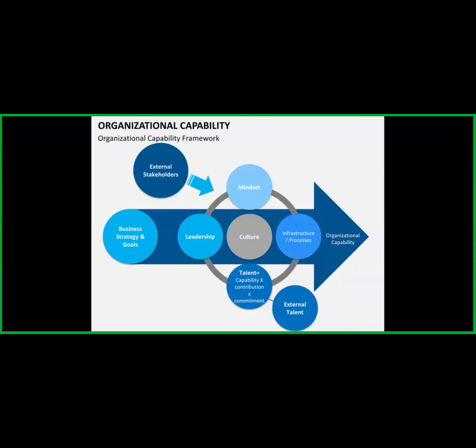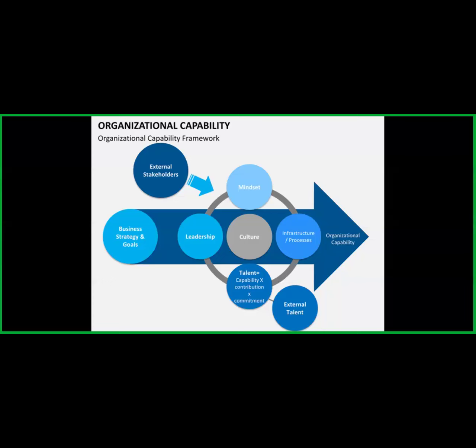Now here we will be discussing the framework, what is included in the framework. On the slide it is written, you can see external stakeholders are there, then business strategy and goals are there, then external talent is written at the lower side of the picture.